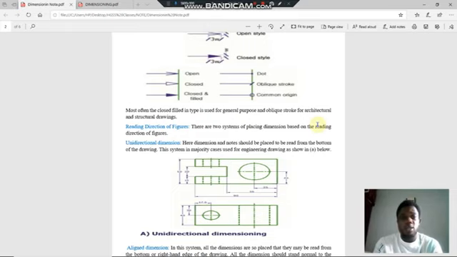In this there is no restriction. Since dimension lines cannot cross each other, there are some parts that are too complex that you cannot use one method alone, so you are allowed to use two methods. So practice dimensioning.